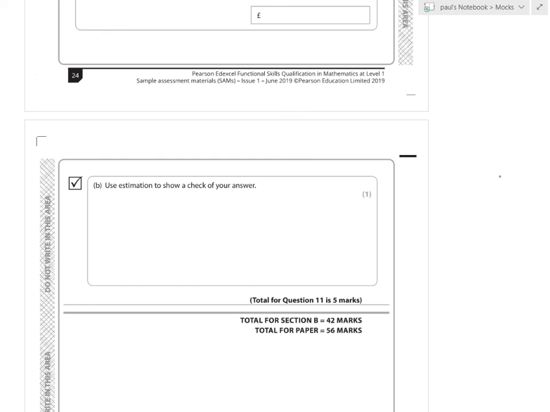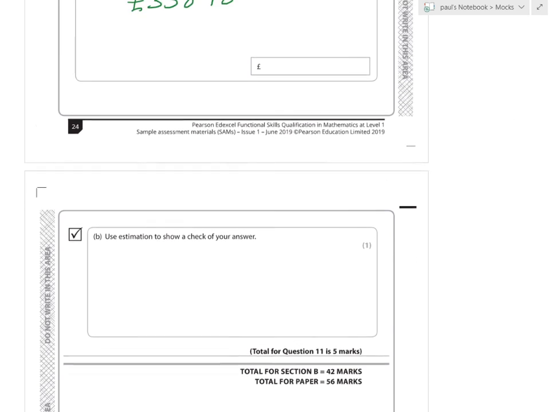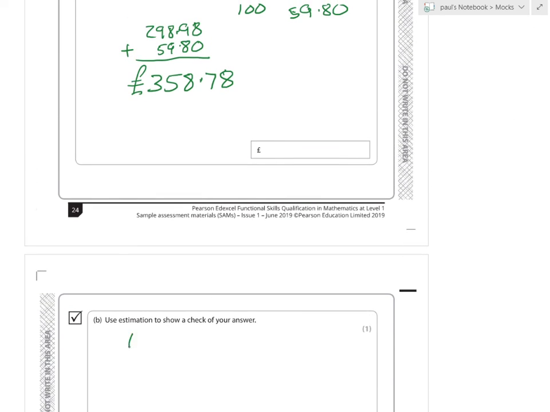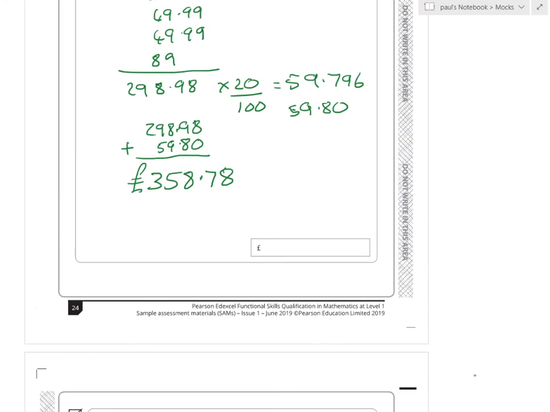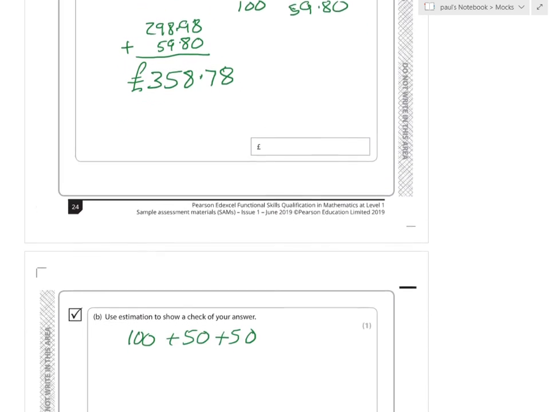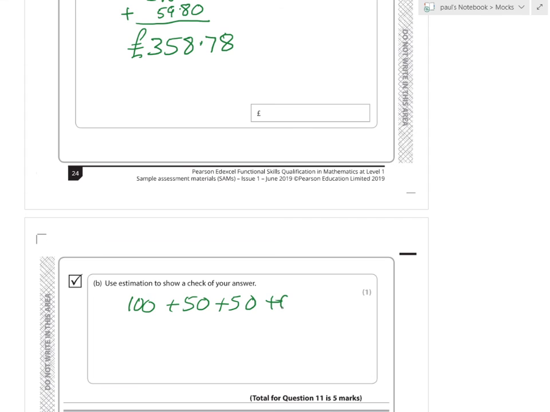Use an estimation to show your answer. Well, we've got £100 for the service, plus £50 plus £50 for the 2 tyres, plus, what should we call that? £100 for the battery. So that's 100, 200, so that equals 300.